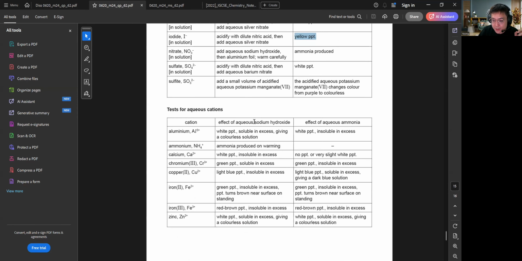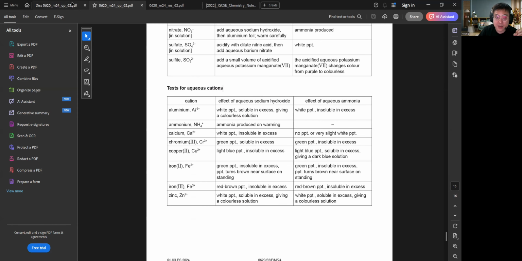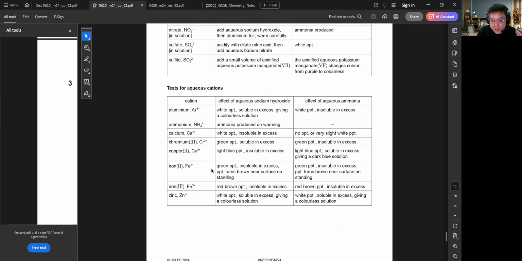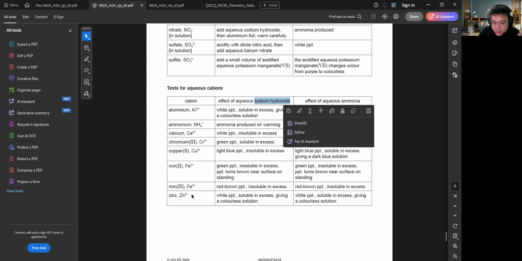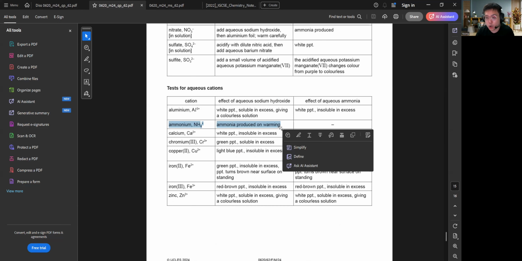Sodium hydroxide, first of all, is here. This one is for the cation, or what we call the positive. Looking back here, the positive is NH4 plus. Is there sodium hydroxide with NH4 plus? Yes, we have it. Ammonia produced on warming.